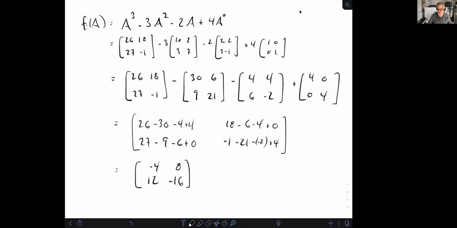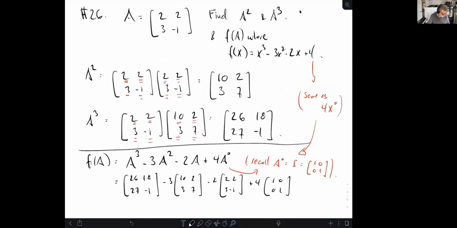Sir, I'm sorry to come back to this, but it's about 26a. I was just confused about how you squared that, because you said it's rows by columns, right? Exactly.